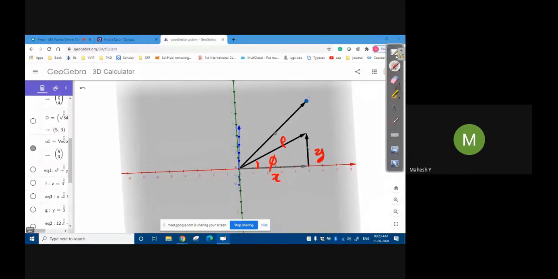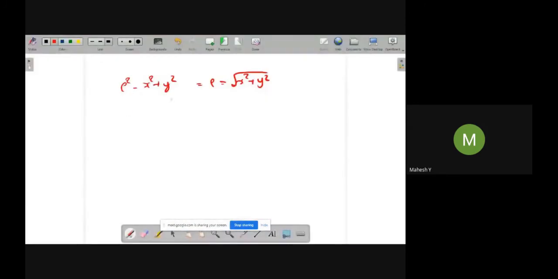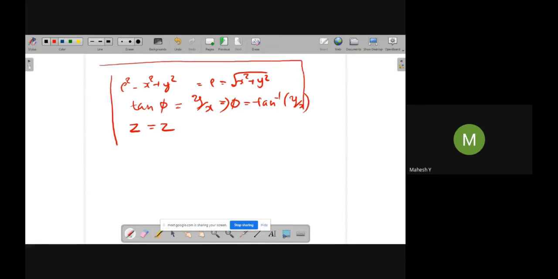So tan phi is equal to y by x. Okay, so what is phi then? Phi is equal to tan inverse y by x. And what about the third parameter? Z. That remains same in Cartesian and cylindrical. Okay, this conversion we have seen in the last class from x y z to rho phi z.